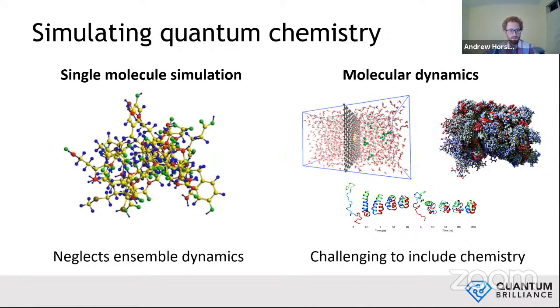The challenge there is that, one, in single molecule simulations, the threshold for quantum advantage is probably on the order of hundreds of qubits, not tens. And the other is that we're still only looking at a single molecule.